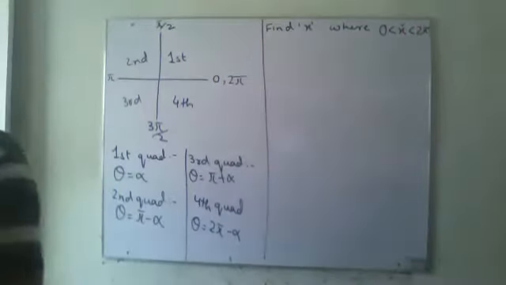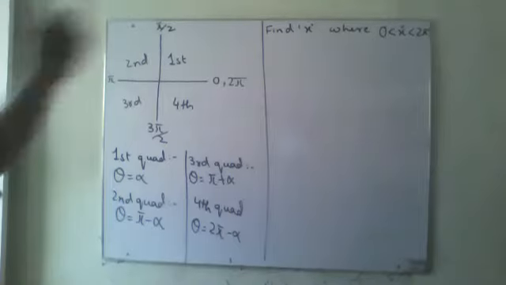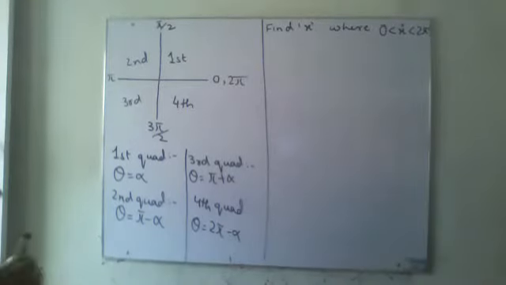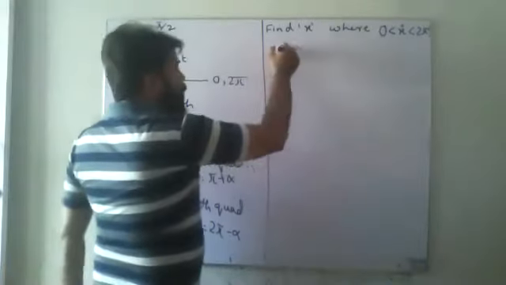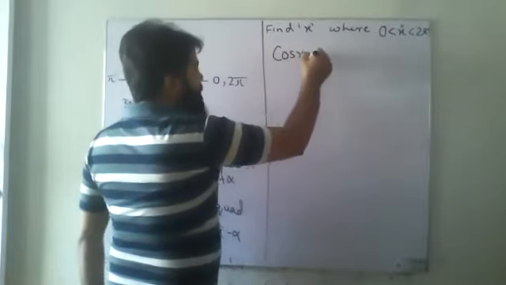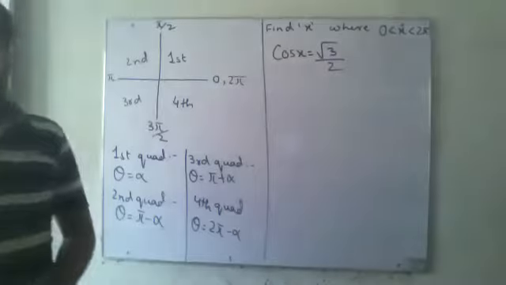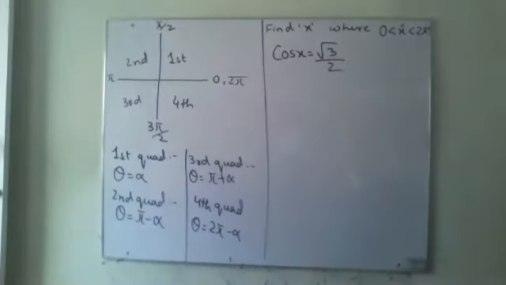We have done up to 360 degrees. So now instead of writing 360 degrees, they have given us 2 pi. And the question is cos x equals root 3 over 2. They are telling us to find the value.